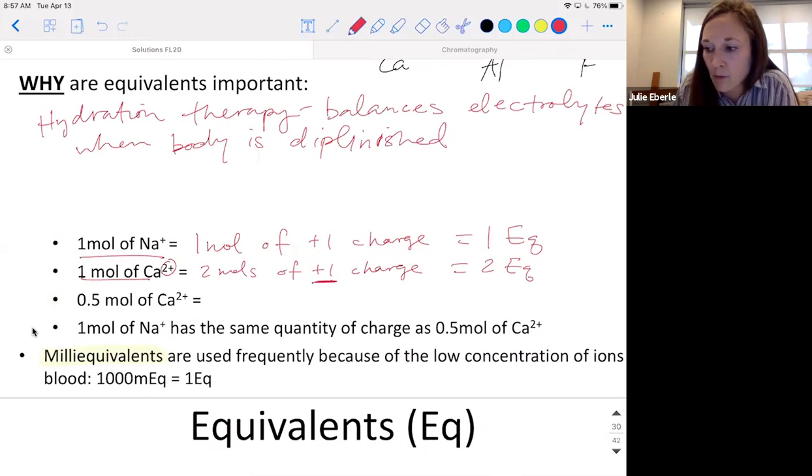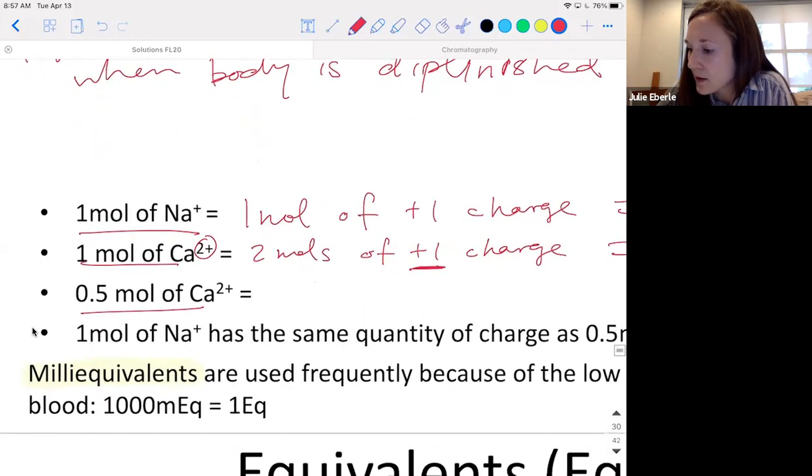What if I have half a mole of calcium? 0.5 mole. Then I have half the amount. I had 1 mole in the previous problem. Now I have half of that. So I should now have, instead of 2 moles, just 1 mole of +1 charge.